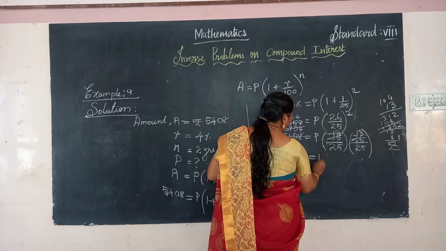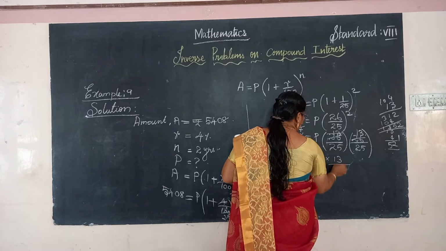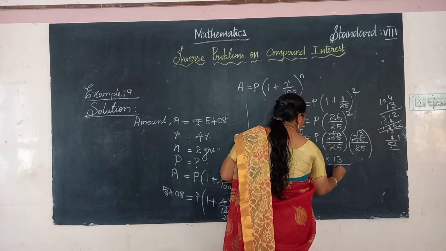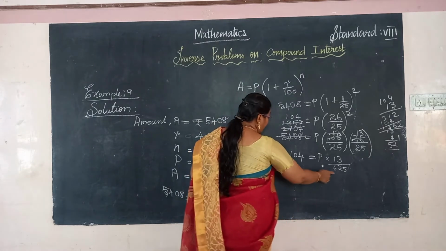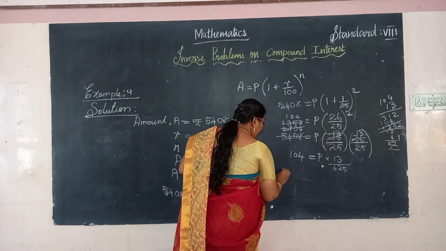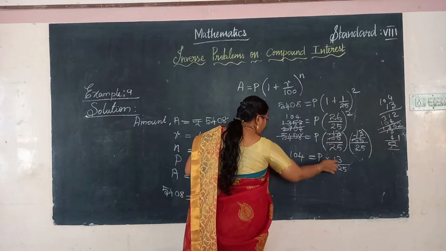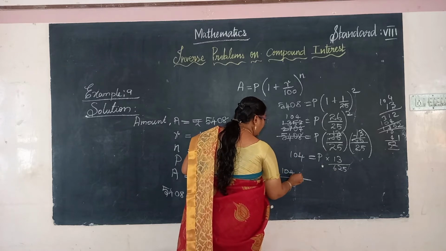Now write the remaining values here. 104, P of 13 by 25, 25 25s are 625. Now multiply. The numerator comes to this side, the denominator goes to the other side.